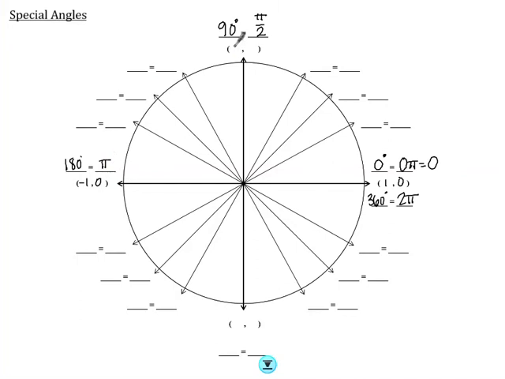The coordinates for this point is 0, 1. If we go 3/4 of the way around the circle, that's 270 degrees, which is 3 pi over 2 radians. The coordinate for this point would be 0, -1.